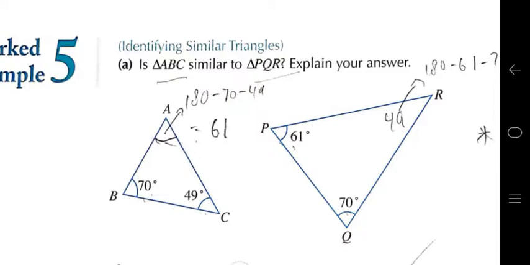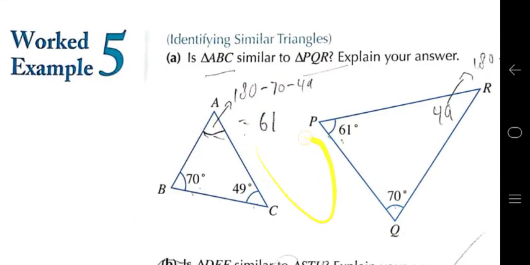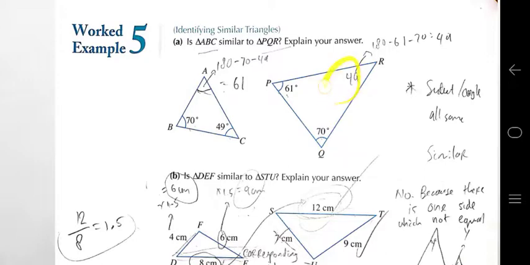First thing to do, compare the angles. This one is 70, 49. That means this one is 180 minus 70 minus 49, which is 61. Now this triangle here has 61 and 70. The last angle is 180 minus these two, which is 49. Now you notice that they both have the same angles. Check.